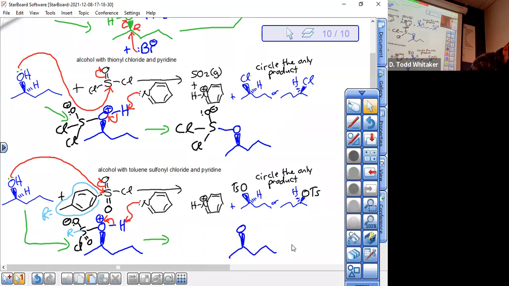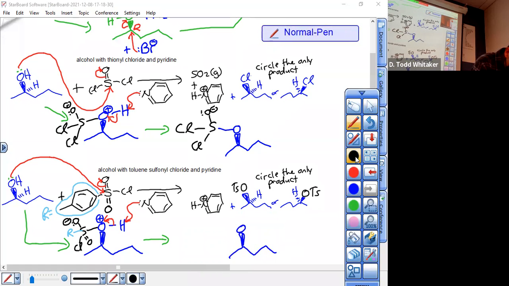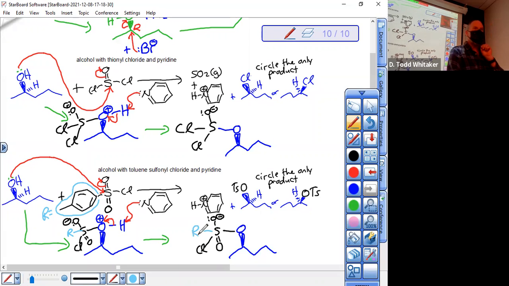There, they're lined up. To a sulfur that has an O minus, need a lone pair, and a double bond O, and a Cl, and an R. And it's time for an elimination to get your pi bond on sulfur back.